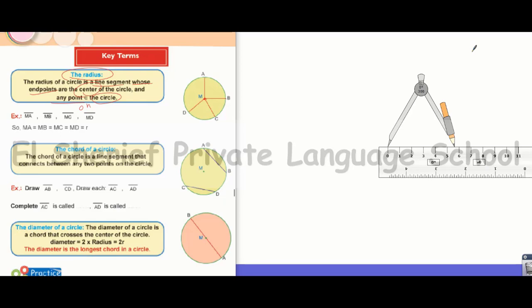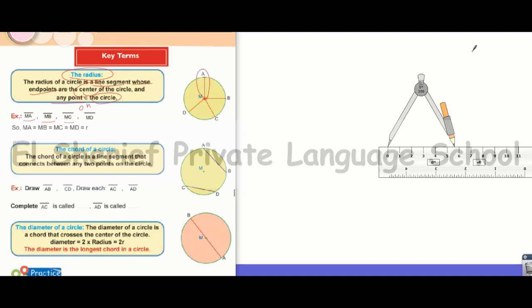For example, line segment MA. Here we have line segment MA between M, the center, and point A on the circle. And MB between the center and a point on the circle, so this is called a radius.